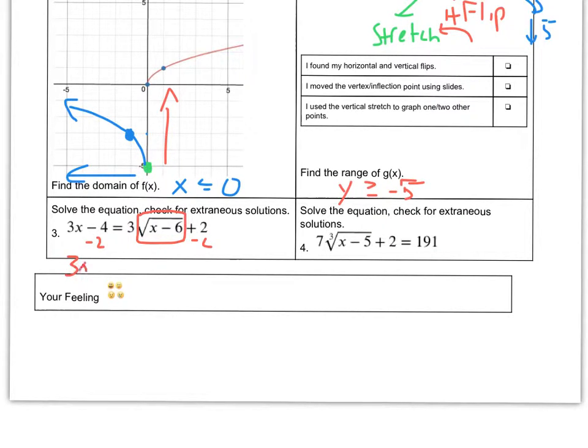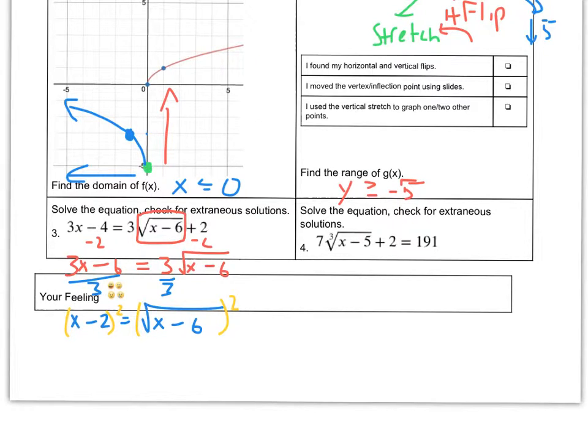That's going to be 3x minus 6 is equal to 3 times the square root of x minus 6. You can divide both sides by 3. That gives me x minus 2 is equal to the square root of x minus 6. I do have to square both sides.